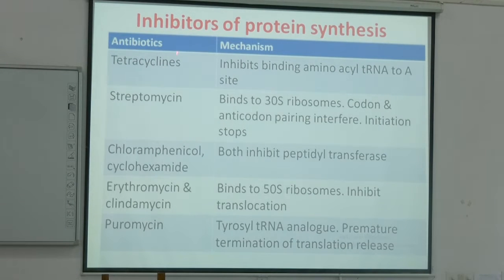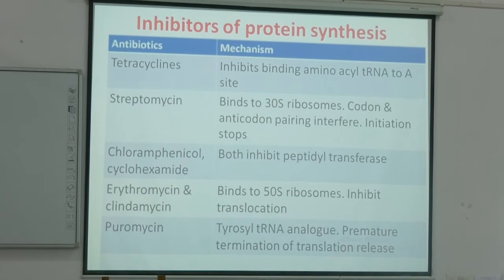So these are all antibiotics. Suppose tetracycline is an antibiotic. How will it act? What is written here? Inhibiting binding of amino acid tRNA to the A site. That means the A site has a tRNA, and the P site also has a tRNA, both with amino acids.